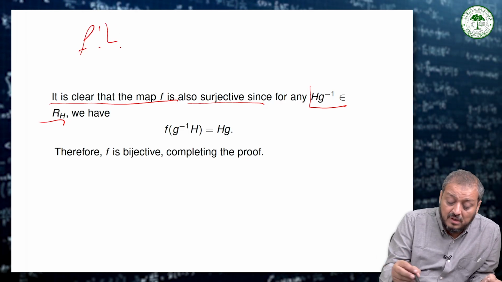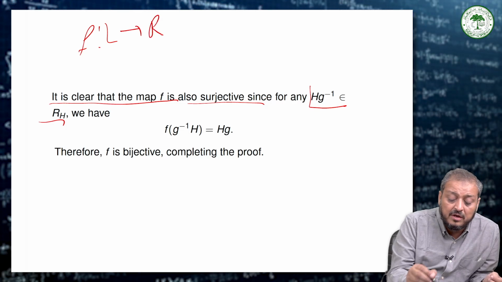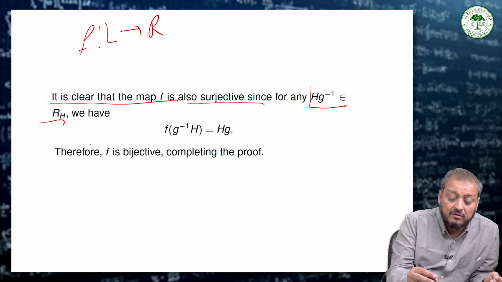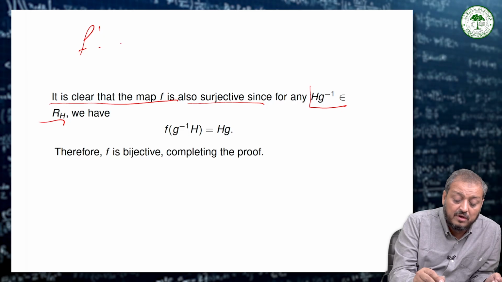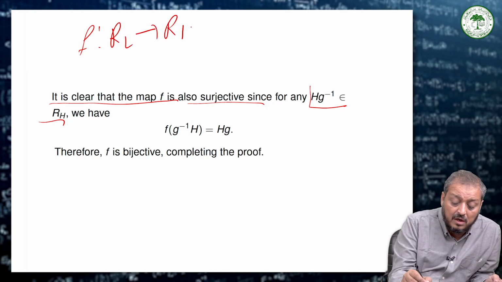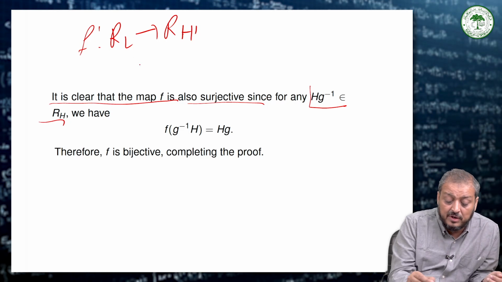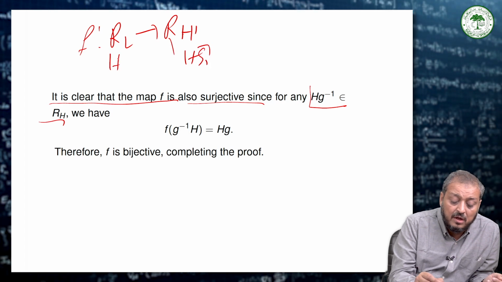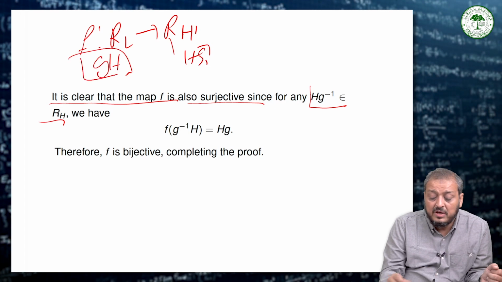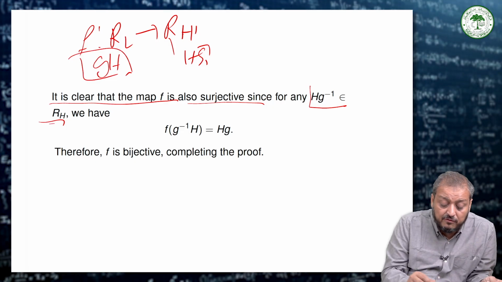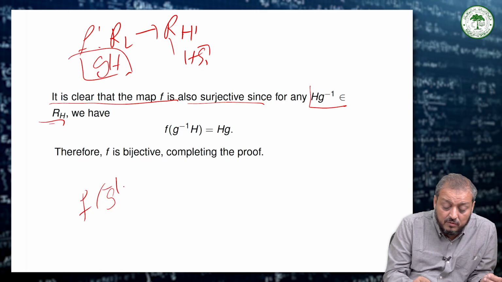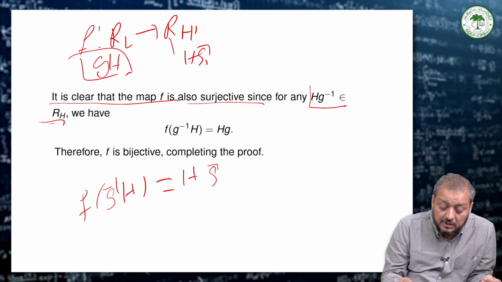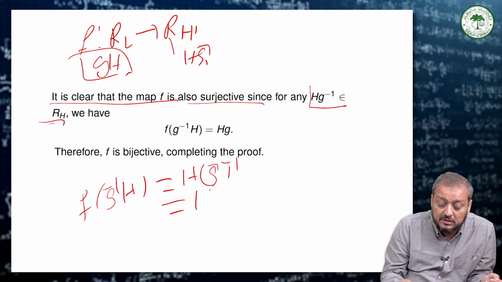We just write it in this form: take Hg inverse, an element of the right cosets, and then HG inverse is an element of H. Then if we take f of g inverse H, this simply gives H g inverse inverse, and you know that this is equal to Hg.